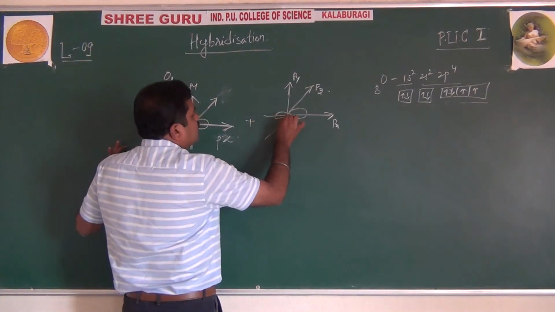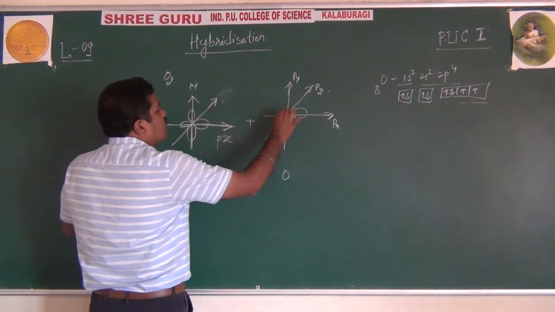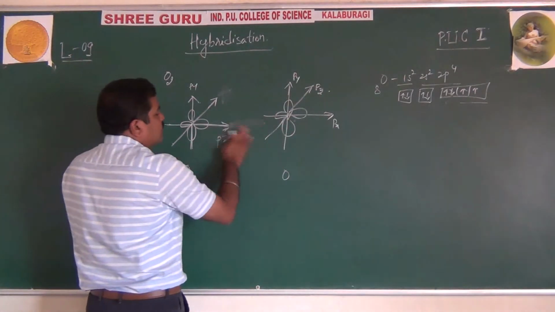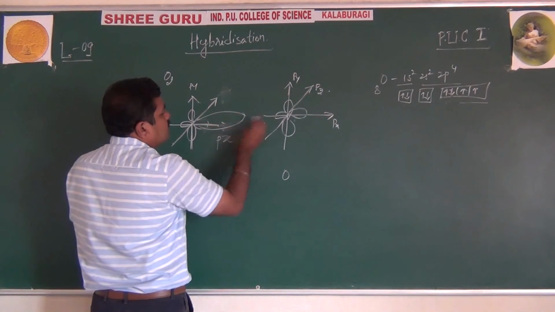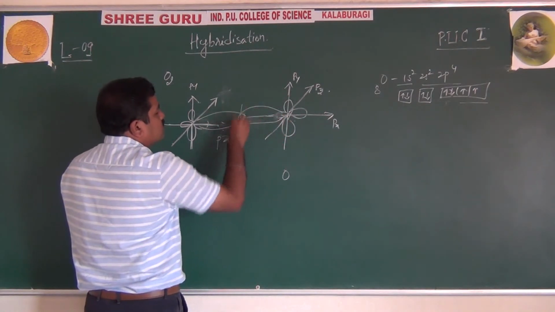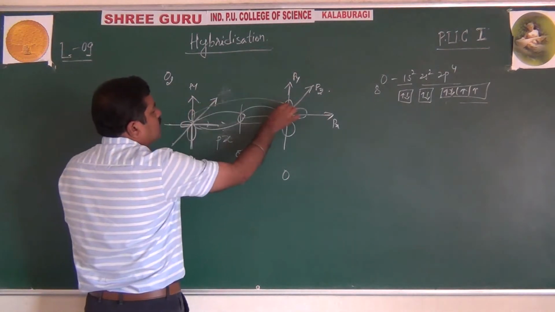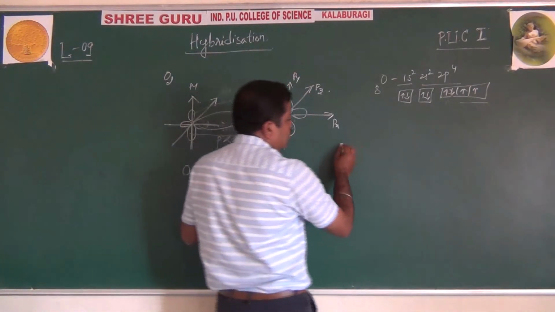The p orbitals are dumbbell shaped, and the py orbitals as well. So what will they do now? These two come closer to each other and overlap to form a sigma bond. Later, these two orbitals overlap sideways to form a pi bond. Like this I told you yesterday.